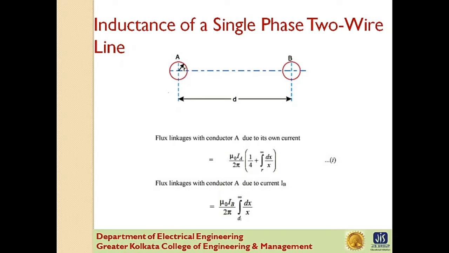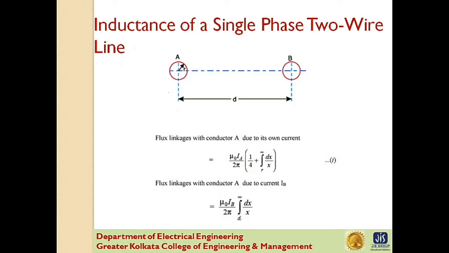Now when an alternating current flows through such a loop, a change in magnetic flux is set up. The changing flux links the loop, and hence the loop, or the single phase line, possesses inductance.